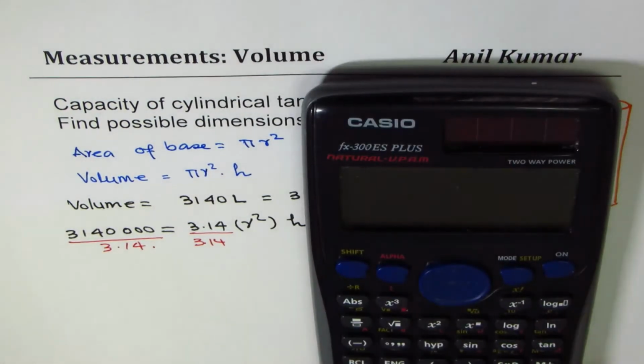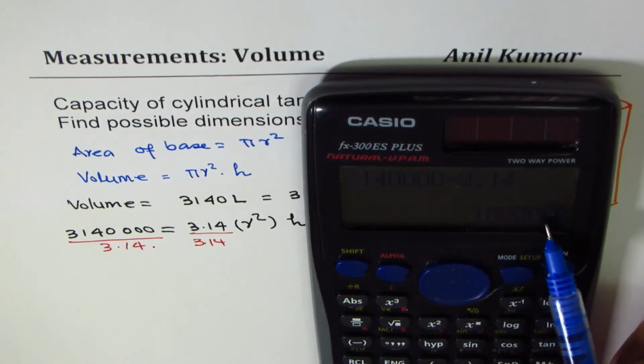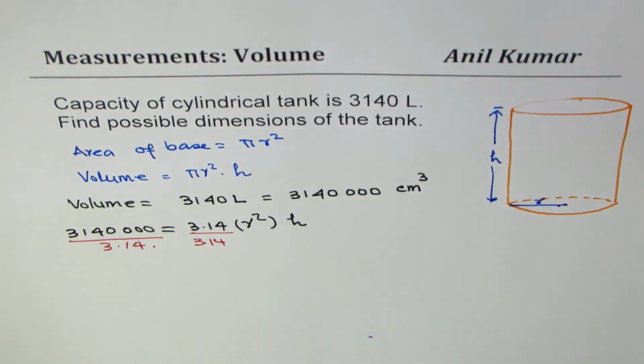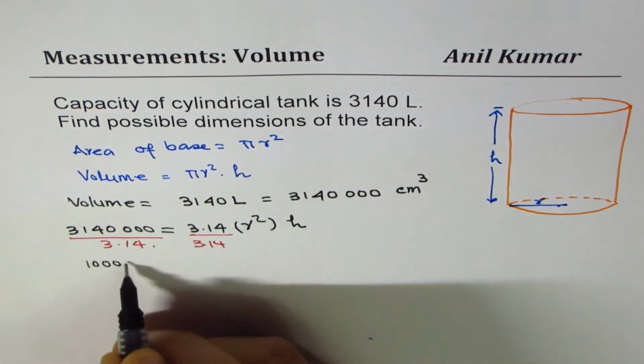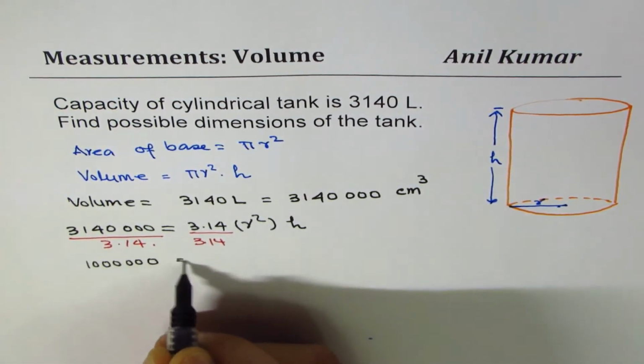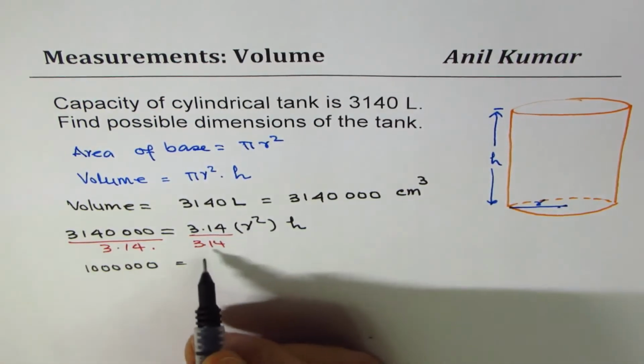So we have 314, then 4 zeros, 1, 2, 3, 4, dividing by 3.14 equals to, we get how many zeros? 1, 2, 3, 4, 5, 6, 1 million, correct? So what we get here is 6 zeros. It makes sense, right? 3 this and 3 those, perfect.